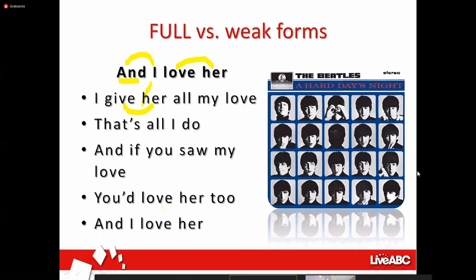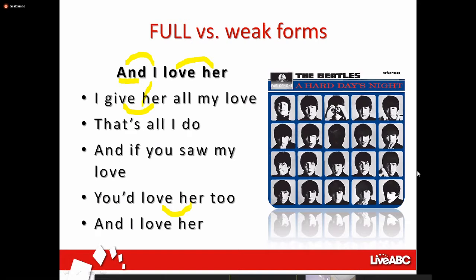Here, for example, it's interesting as homework: find in Spotify or in whatever you like, find the song to this and read the lyrics and see what happens. And you're going to find a lot of examples.